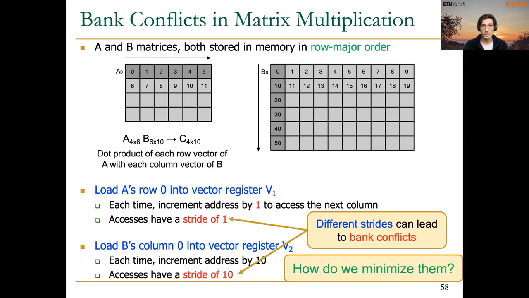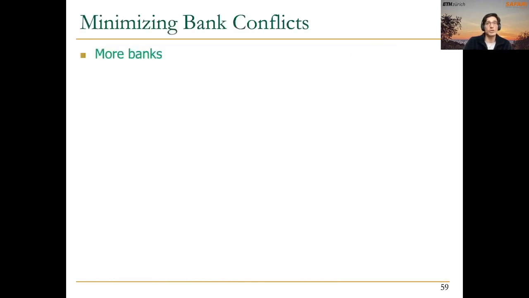So that's essentially a bank conflict, but that's something that, in principle, we cannot avoid if we go just with the most straightforward mapping, and we can think about ways of solving these bank conflicts.